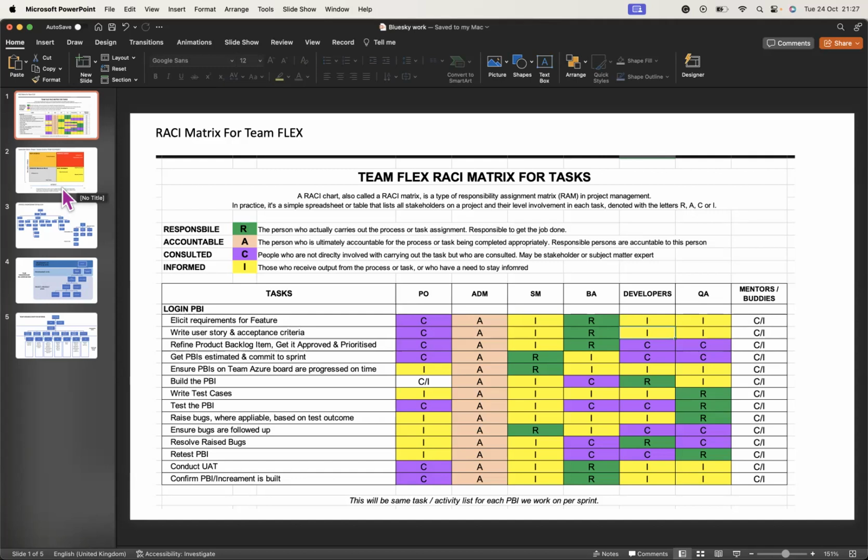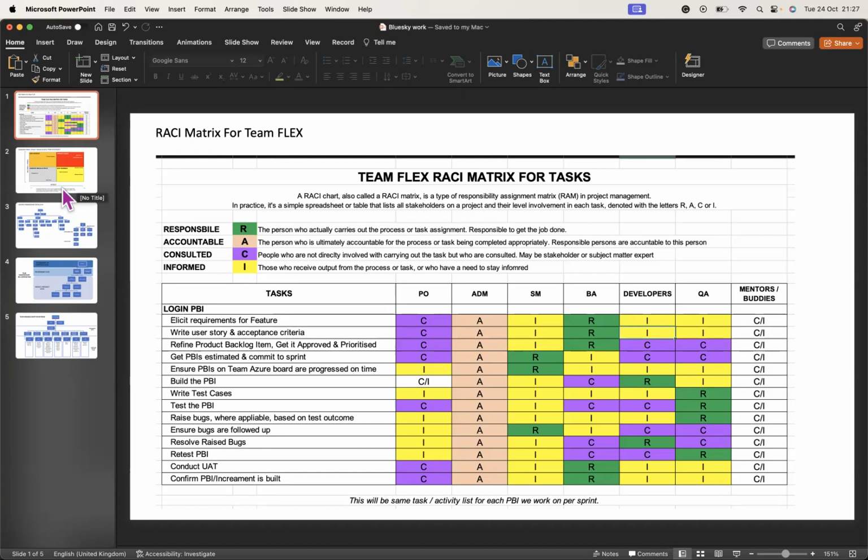Right here, you talk of ensuring bugs are followed up, raising bugs where applicable. Who is responsible? The QA. Okay, QA.